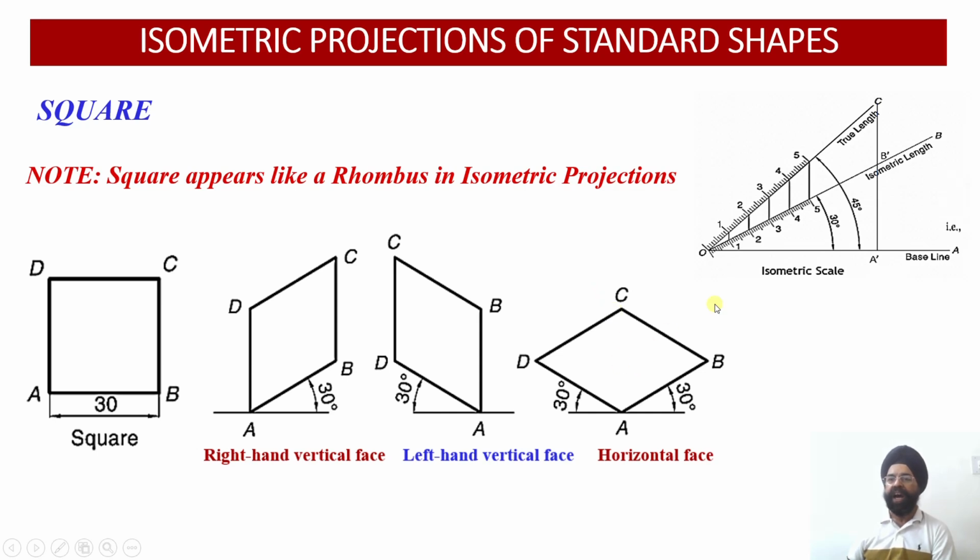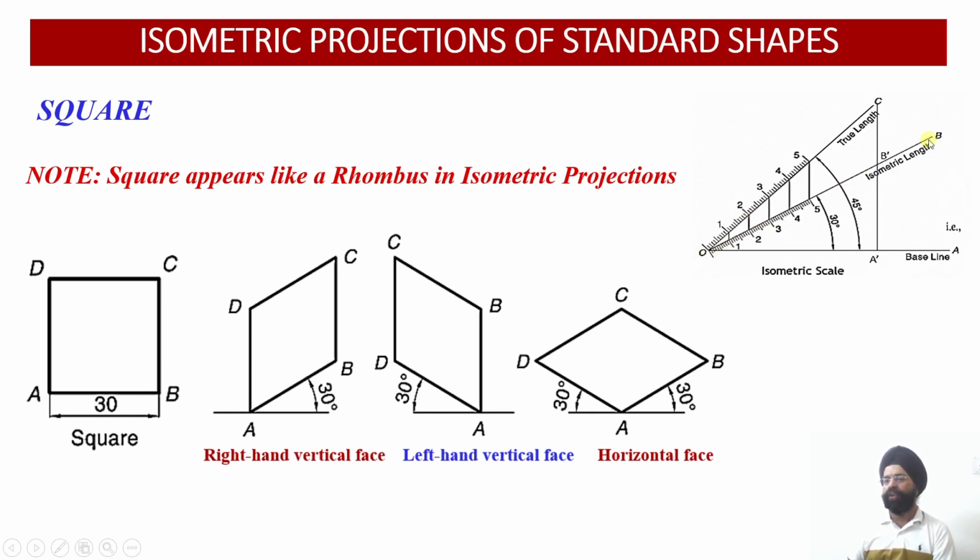So let us see how we can go about construction of the square shape in all these three orientations. Now we are going to look at the construction of the square in these three orientations. One thing we must remember, that every time any isometric projection needs to be developed, first of all, the isometric scale needs to be drawn.